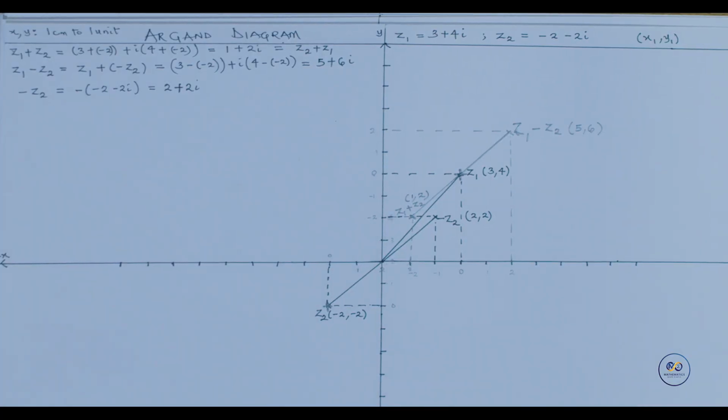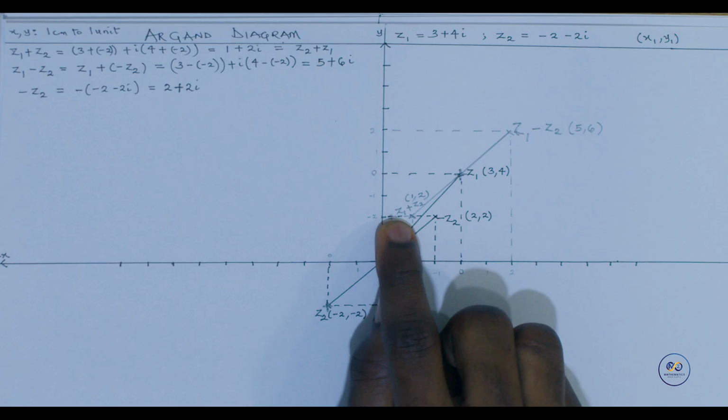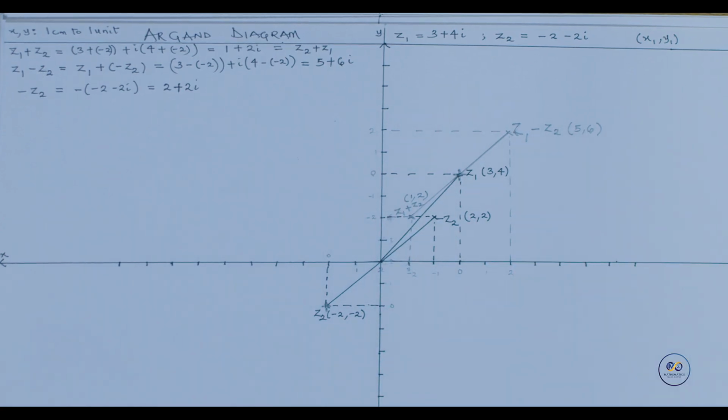So when we talk about the Argand diagram, we simply talk about the representation of a complex number on a graph, right? With this representation, we can carry out the process of addition, and we can also carry out the process of subtraction.